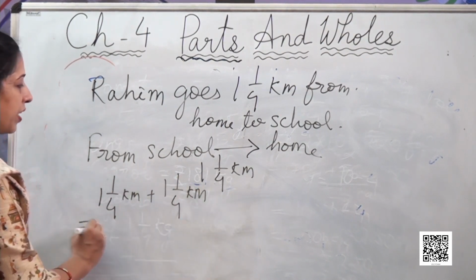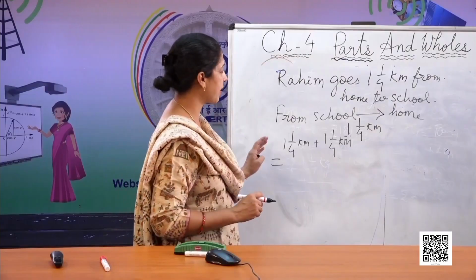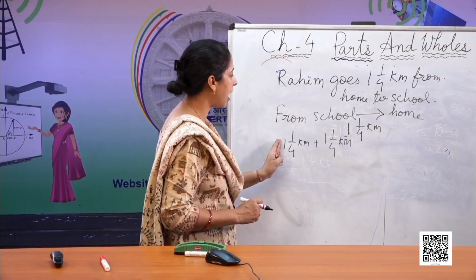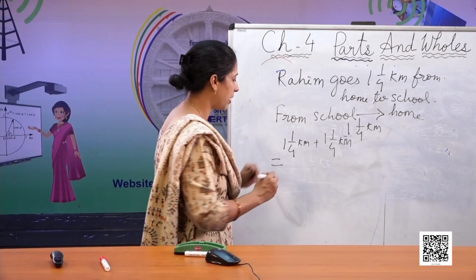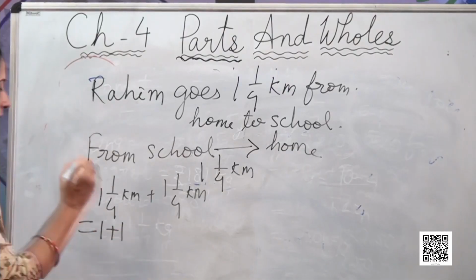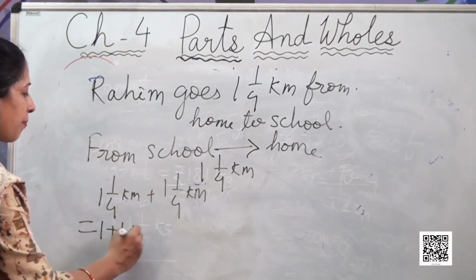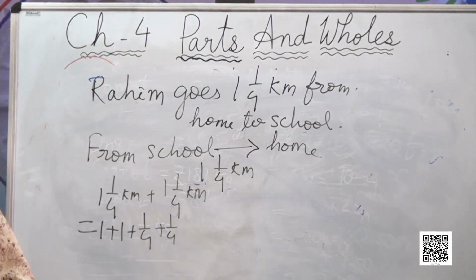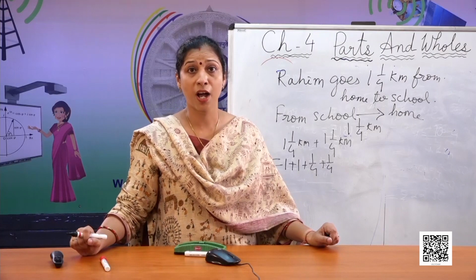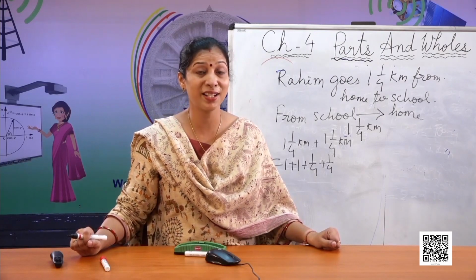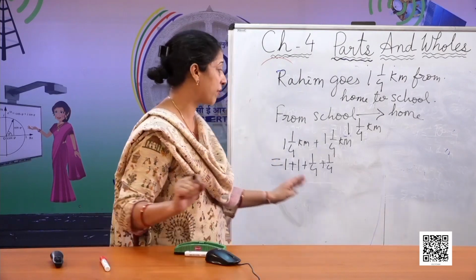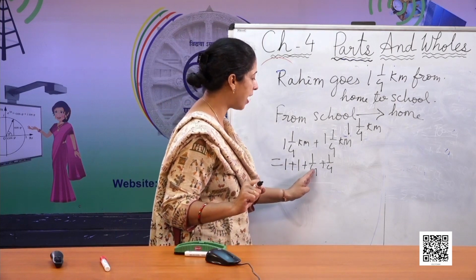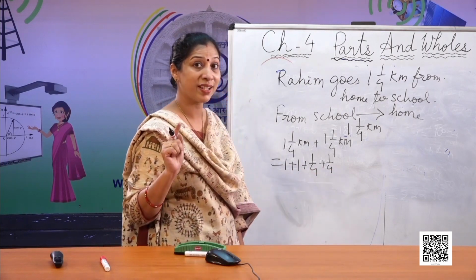Now children, when we do like this, this is very simple. First you just add the whole numbers. 1 plus 1, 1 plus 1. Then 1/4 plus 1/4. Now all of us know by this time how many 1/4 are there in half, or you can add this 1/4 plus 1/4 to get?